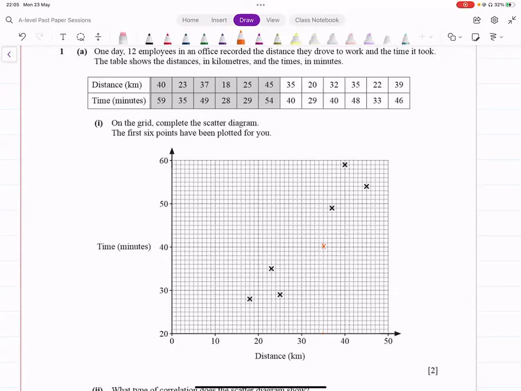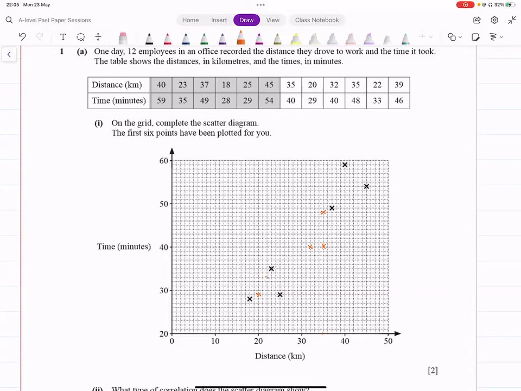Then you have 20 and 29. That's going to be here. 32 and 40, that's this point here. 35 and 48, that is going to be right here. 22 and 33, that's this point here.